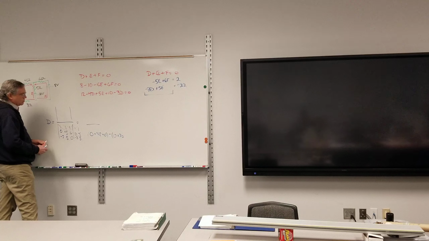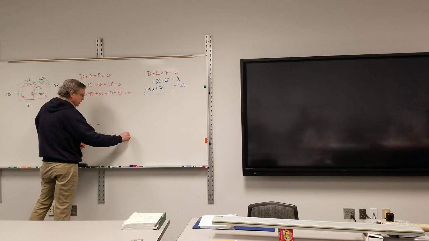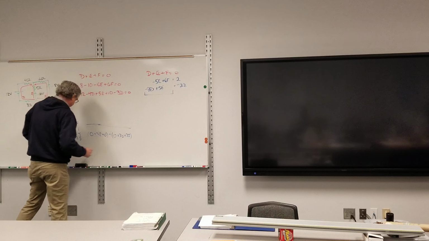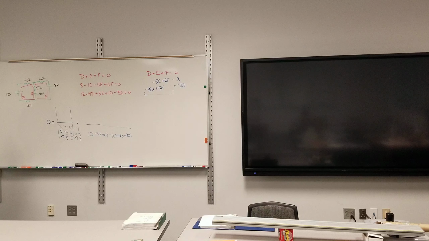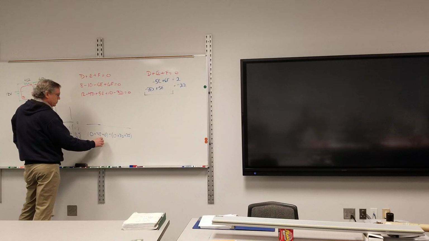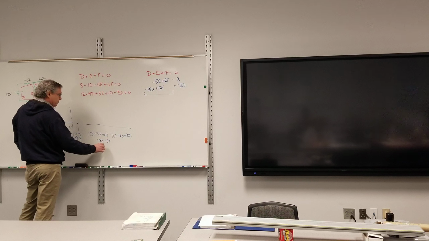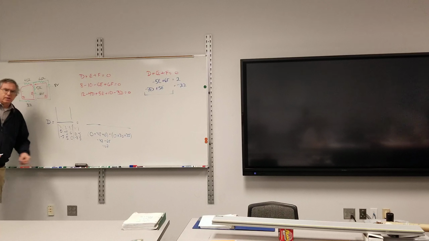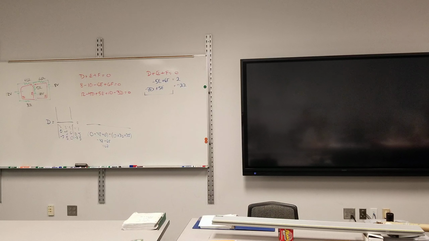And those plus 35. So let's see, that's -42 minus 65, or -107. A minus sign in the wrong spot will mess the whole thing up. But I don't think we've made that mistake.